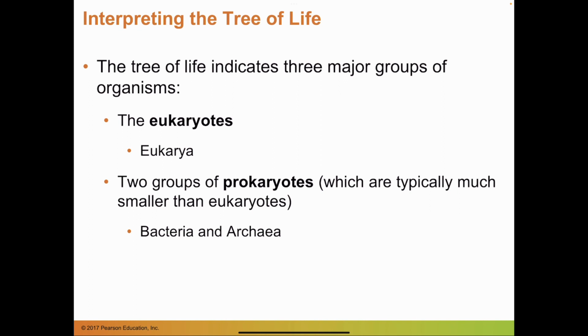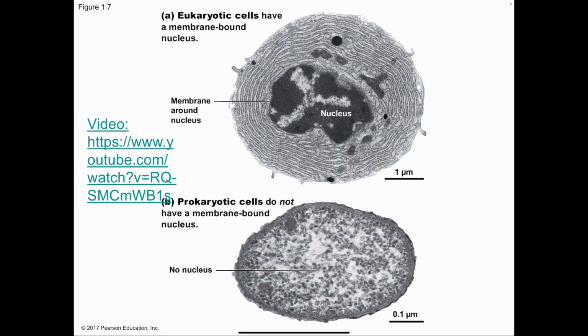They live in very extreme environments, but both of them, archaea and bacteria, belong to this category called prokaryotes. And so I'm going to show you another video here showing you what eukaryotic cells and prokaryotic cells look like and how they're related and how they're different.